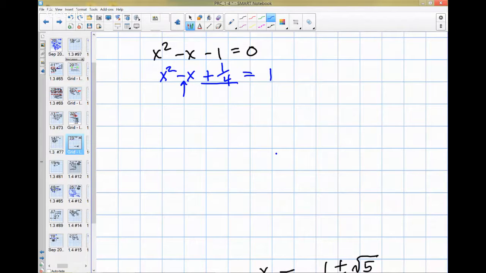Of course, I can't willy-nilly add 1/4 to one side of an equation unless I also add it to the right. Now I've made it legal. So let me just repeat. You vacate the constant first. You're going to calculate the perfect number to add there that will make that a perfect square trinomial.